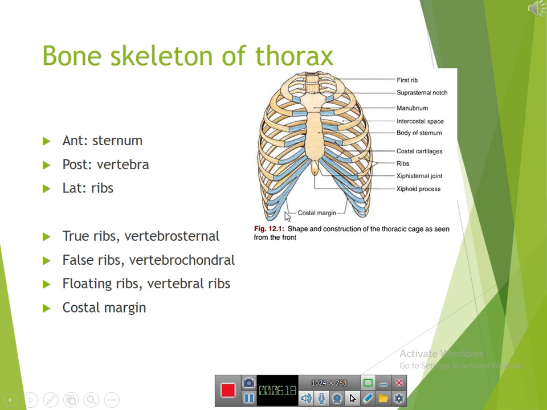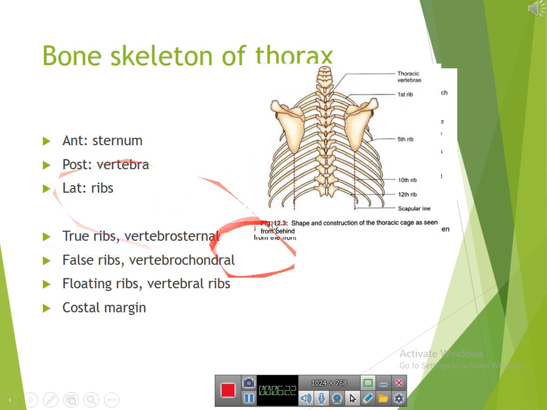Look at these pictures. This is the 11th and this is the 12th rib. The anterior ends of the 11th and 12th ribs are free. These are called floating or vertebral ribs. The ribs are also called false ribs because they do not articulate with the sternum.